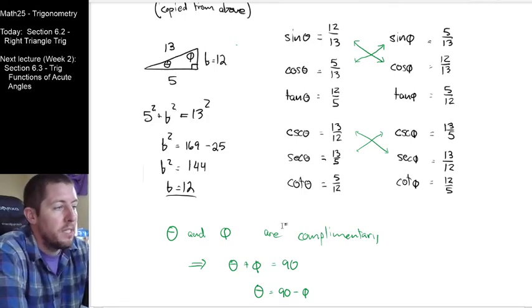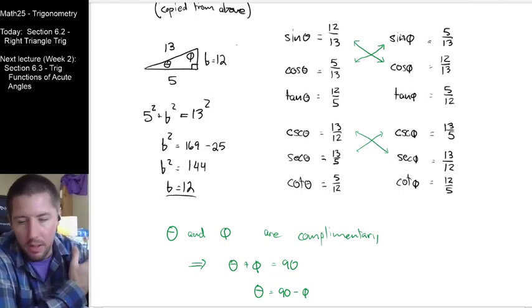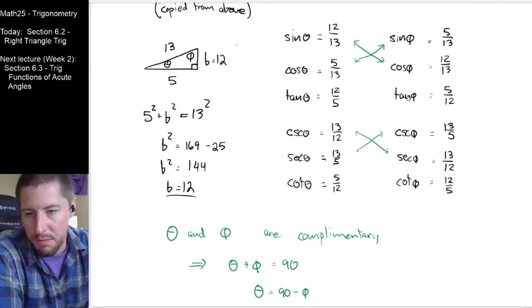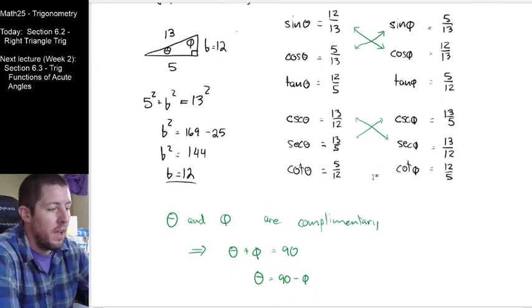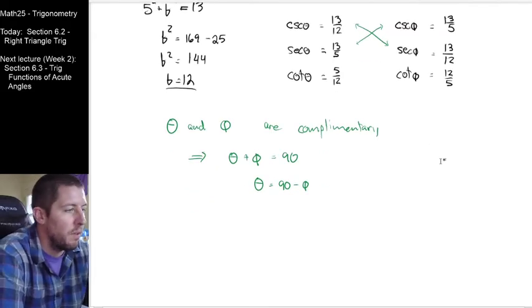I'm noticing that the cosine of theta seems to be equal to the sine of phi, whatever the other angle is inside the triangle, and vice versa. And even that the cotangent of theta equals the tangent of phi, and all that good stuff.